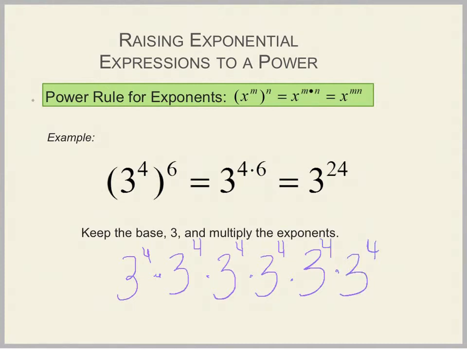And using our addition rule, we would see that 4 plus 4 plus 4, added 6 times together, is 24. Therefore, when we have a power raised to another power, we can multiply.